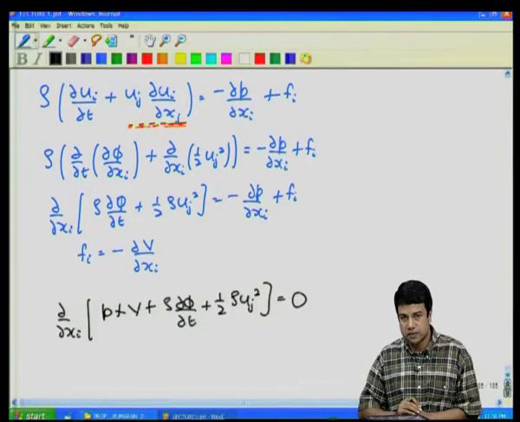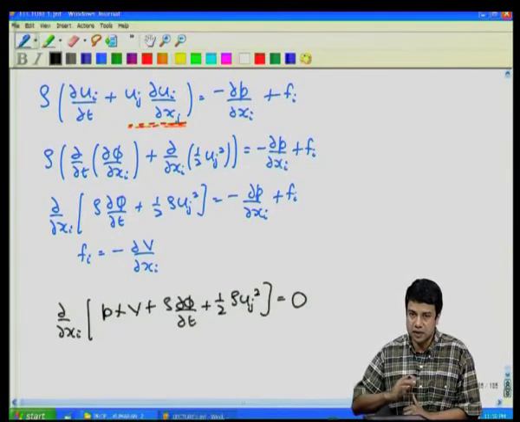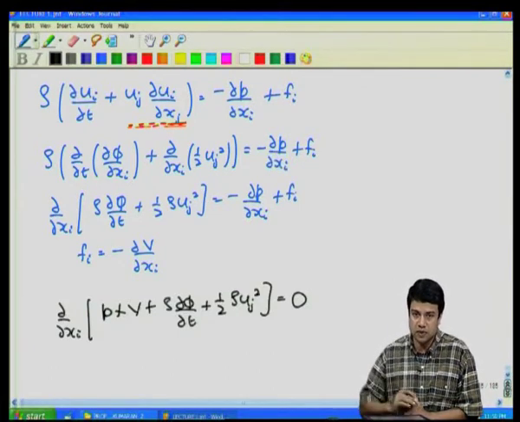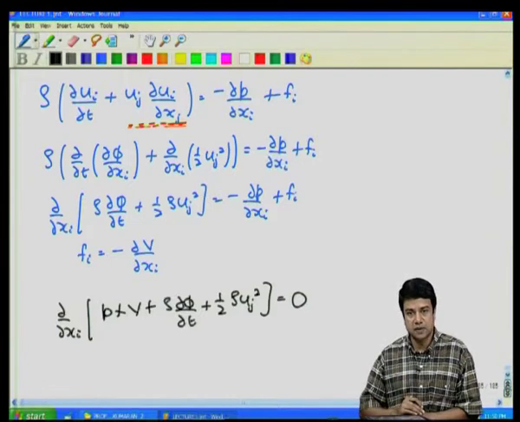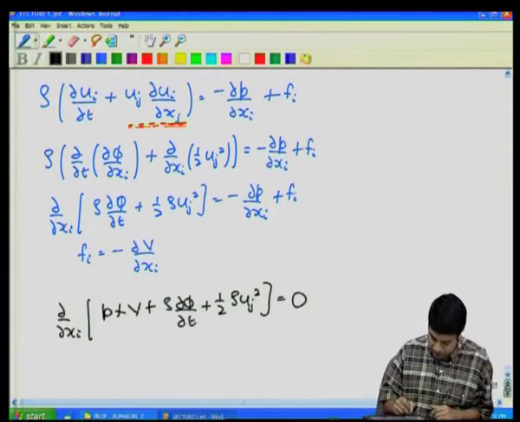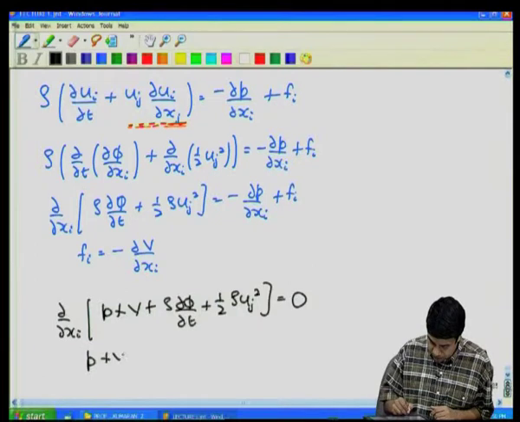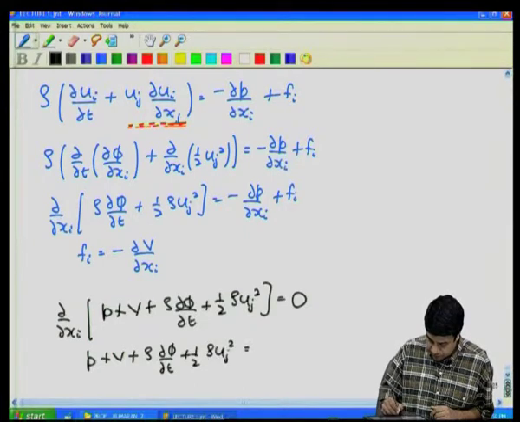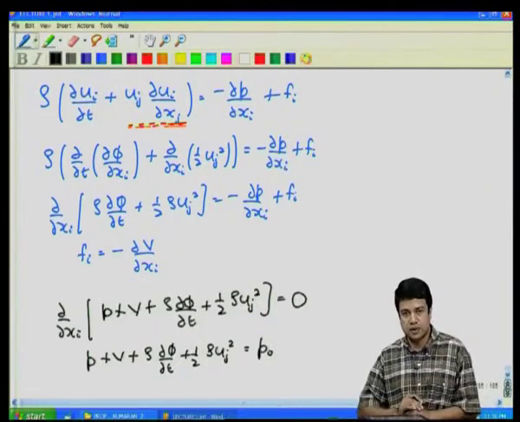Now, this is equal to 0 everywhere within the flow, the gradient is equal to 0 everywhere within the flow. So, if the gradient of a function is equal to 0 everywhere within the flow, that means that the function is invariant everywhere within the flow. There is no gradient anywhere, so it does not vary as you move from one location to the other. That means that this function has to be a constant. It is equal to a constant for the flow.